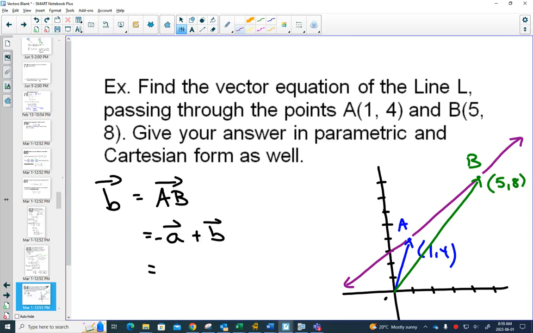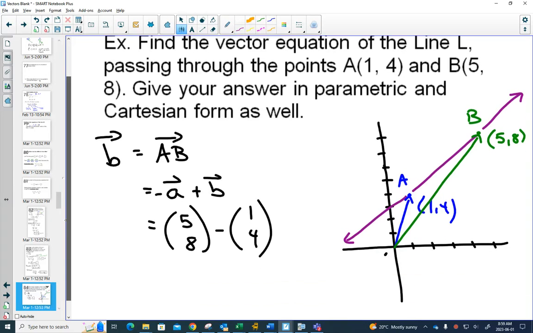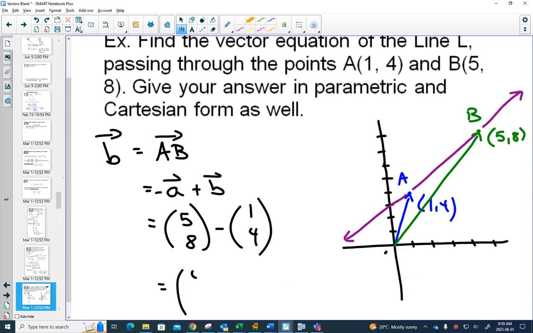So this idea of working with our position vectors, -a plus b. In other words, and I'll write b first, 5, 8, because it's easier to subtract. You'd have 5, 8 minus 1, 4, giving us 4, 4. So our direction vector says, go 4 to the right, go 4 up.